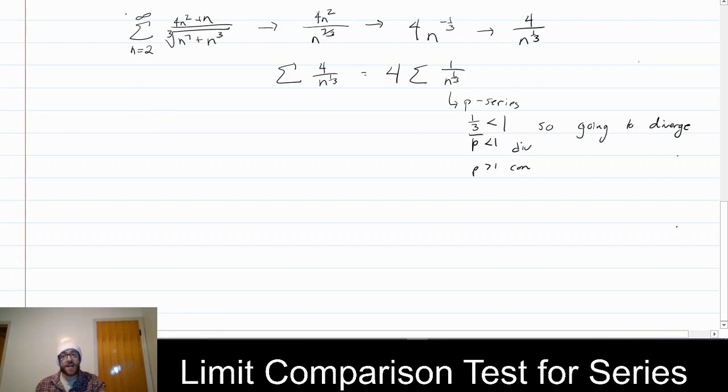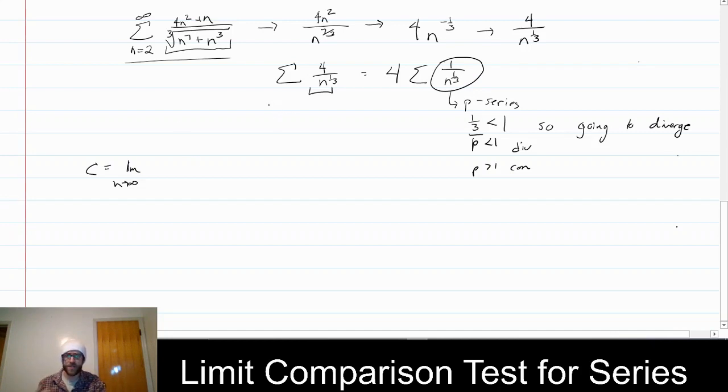Now that's not so clear by looking at this guy, that it diverges. But what we can do is we can do our limit comparison test. So we're going to let c equal the limit as n goes to infinity, and we're going to compare this guy to this guy. So we can even compare it to 1 over n to the 1 third, which I think is probably a better way to do this, because 4 is just a constant.